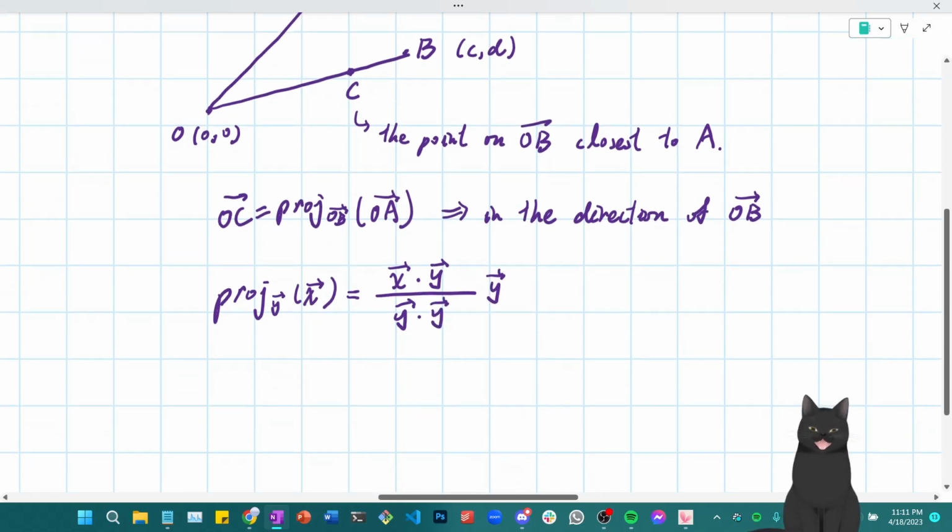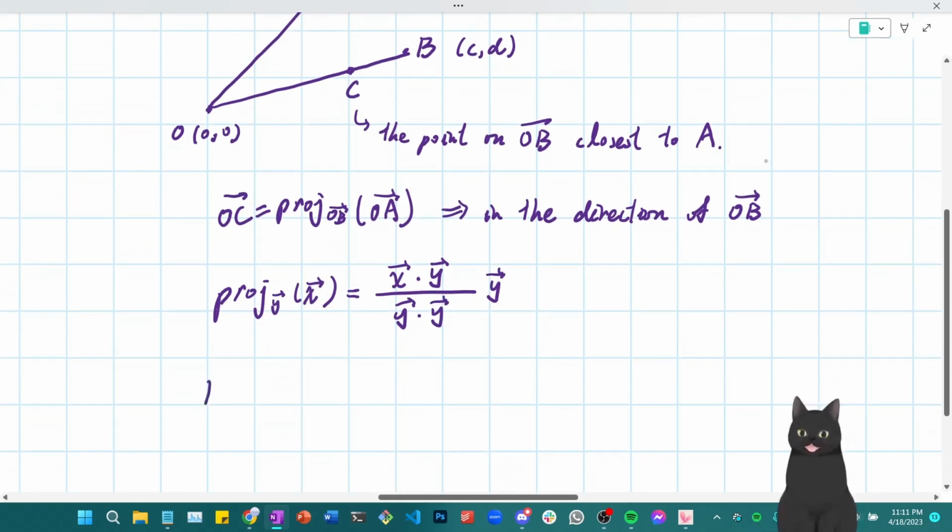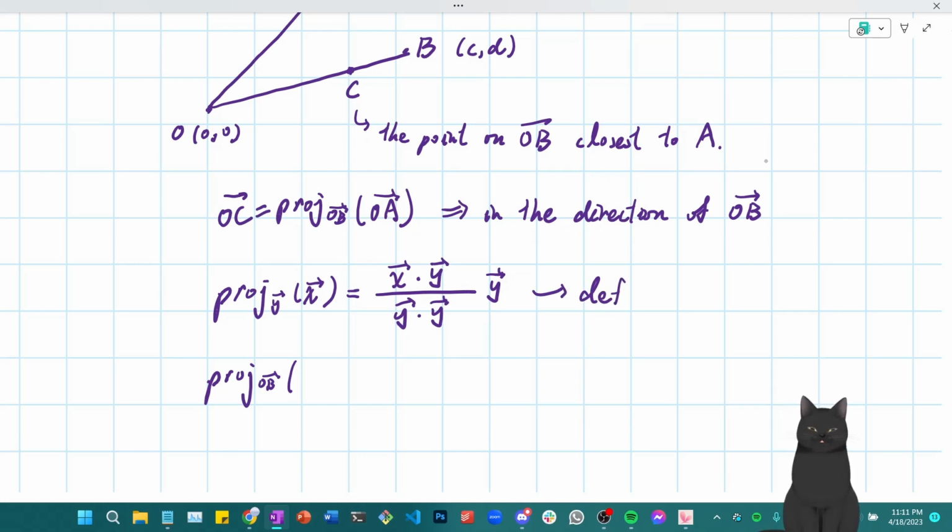So projection of OA onto OB would be, by the way, this is the definition. We didn't derive this or come up with this just now. We did not make up our sources. To see the derivation of projection identity, you can check the walkthrough video of the last question.